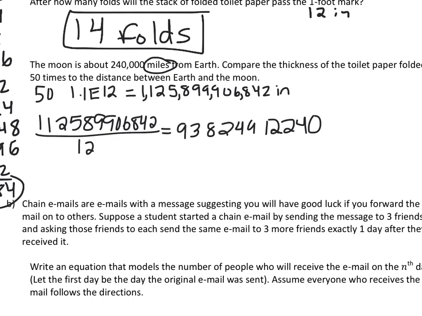But you can go ahead and leave that amount in your calculator. We then need to take that amount, which is now in feet, and we need to change it to miles. To do that, we're going to divide by 5,280 because there are 5,280 feet in a mile.